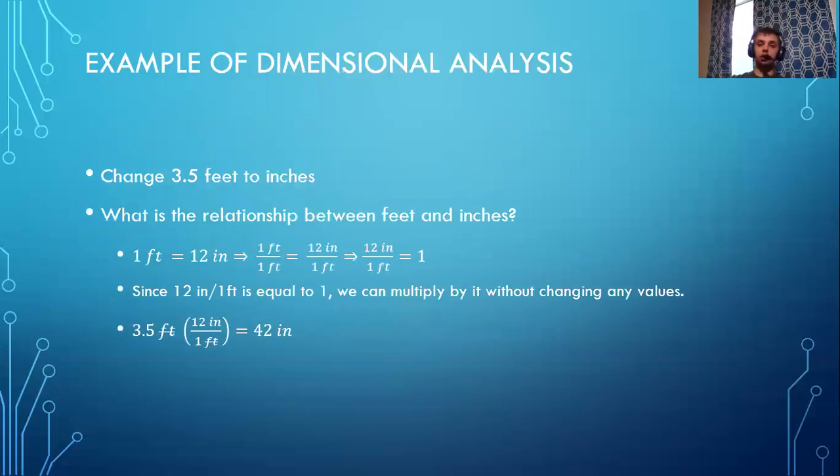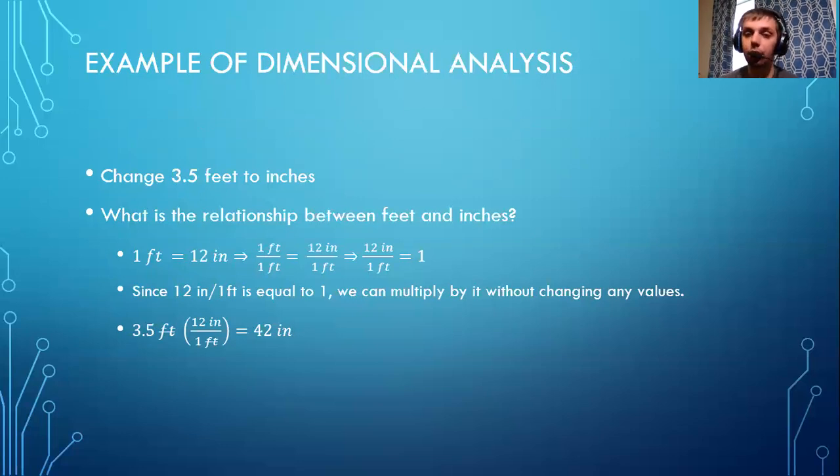Yes, so here's an example. If we wanted to change 3.5 feet into inches, first we have to ask, what is the relationship between feet and inches? We know that 1 foot equals 12 inches. If we use a little bit of algebra and treat that like an equation, we can divide both sides by feet. So we get 12 inches over 1 foot equals 1.